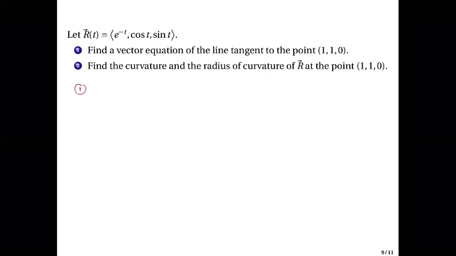And the derivative will give the direction of that tangent line. So you have here r prime of t. The derivative of this is negative e to the minus t, comma, negative sine t, comma, cosine t.